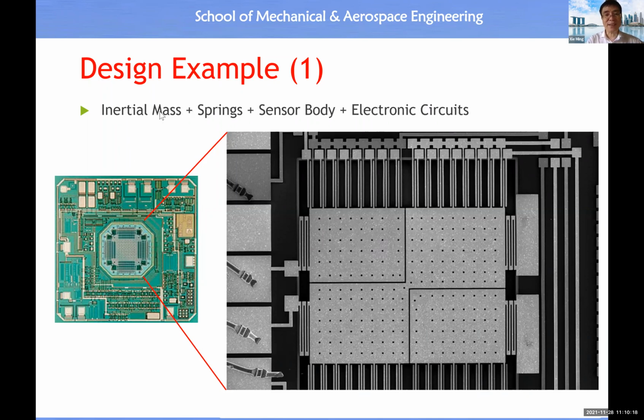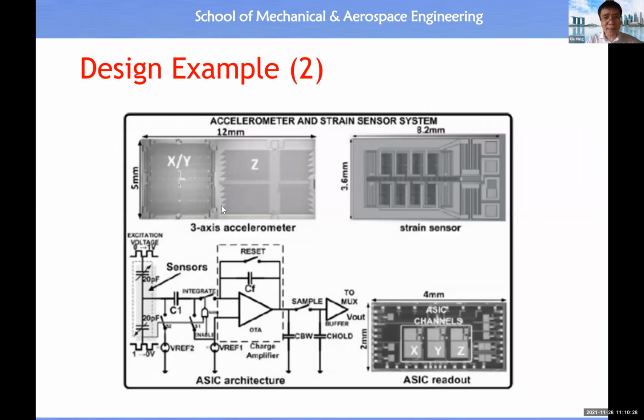And then you will see the basic design guideline is you have an inertial mass, you have a spring, you have a sensor body, then an electronic circuit, something like that. And then one more example. This one is a 3-axis accelerometer, because this sensor element allows us to measure acceleration along the Z axis.